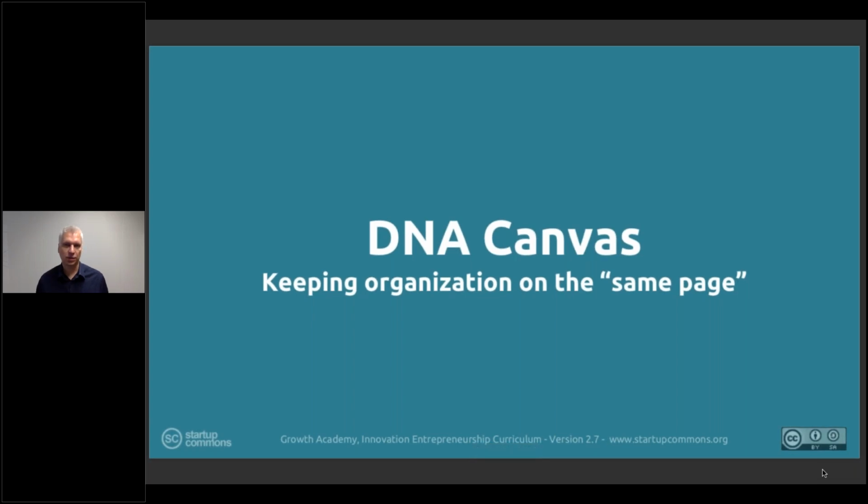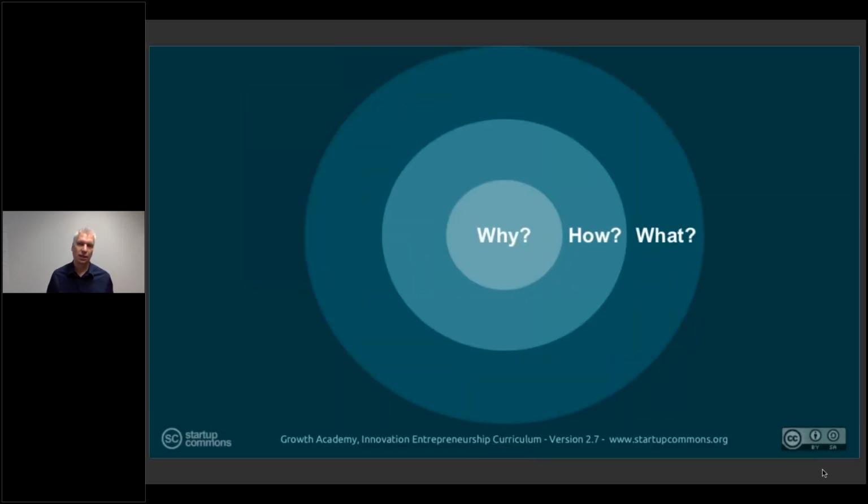So getting back to that, growing the organization, again, taking from the very beginning and from the validation phase, having the DNA canvas, really you need something to get everyone at the very top level, regardless of their position in the organization.